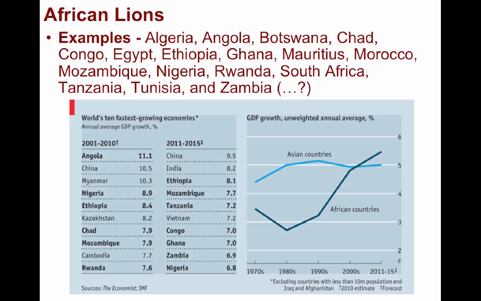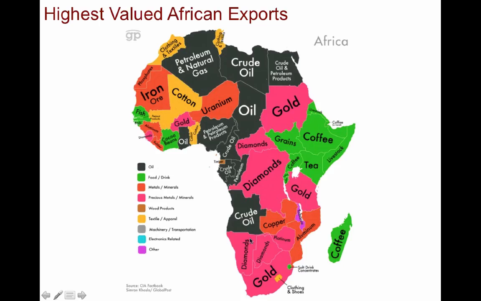While their economies are expanding quickly, and their societies are improving significantly, they still have a long way to go. However, with abundant and largely untapped natural resources, abundant cheap labor, and an expanding infrastructure, many of the African lions could become significant manufacturing regions in the near future.